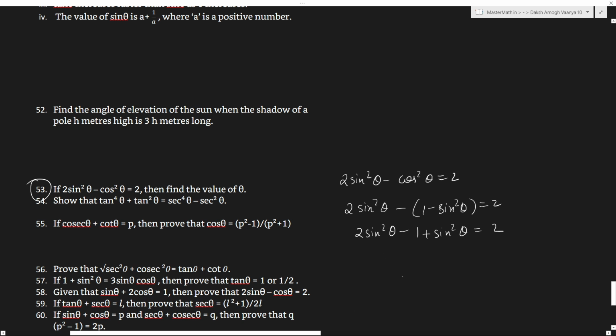Can you solve this further? What's theta? For which value of theta would it be true? Keep sine on one side, other values on the other side, divide, multiply, square, take square root, whatever you want to. Get that?